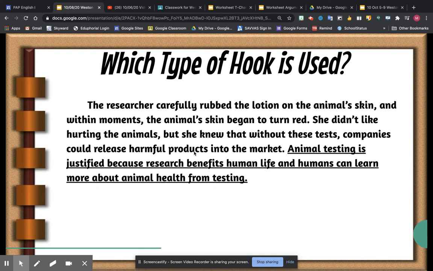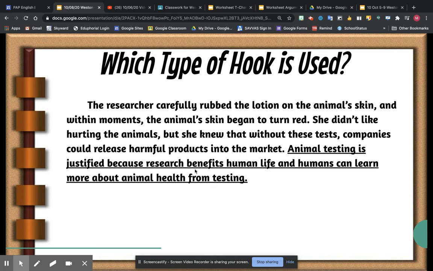All right, here's another hook. The researchers carefully rubbed the lotion on the animal's skin, and within moments, the animal's skin began to turn red. She didn't like hurting the animals, but she knew that without these tests, companies could release harmful products into the market.